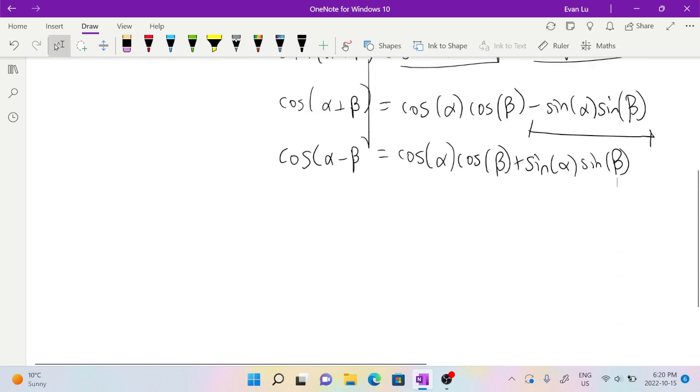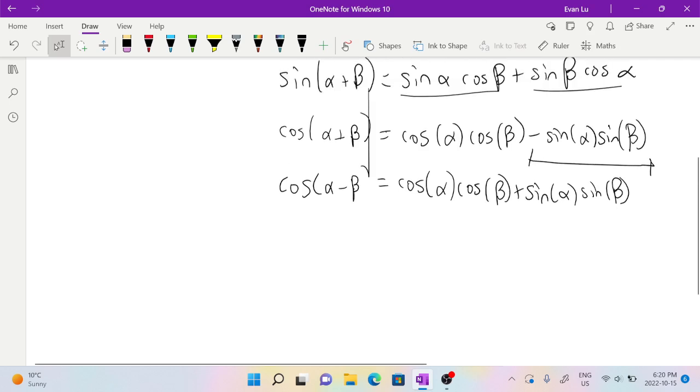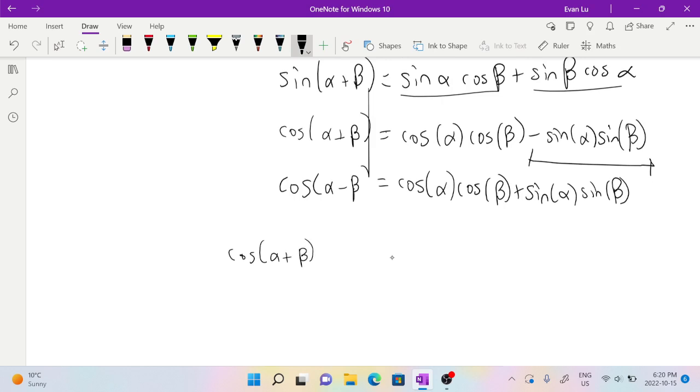And what that's going to do for us is after we add these two, we can now effectively cancel out the sine part of it, and we're left with just cos alpha cos beta. So we can say that cos of alpha plus beta plus cos of alpha minus beta would be equal to 2 cos alpha cos beta.